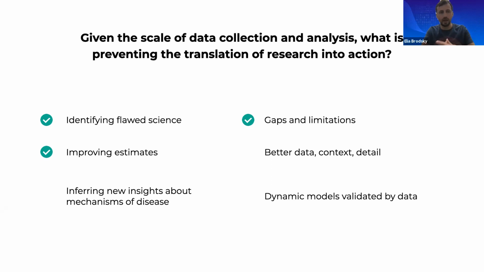So again, if we think about it together, what do you think are some examples where better data or better contextualized data can improve our estimates? Okay, so if anyone wants to, again, pitch in, just put your answers in the chat box.